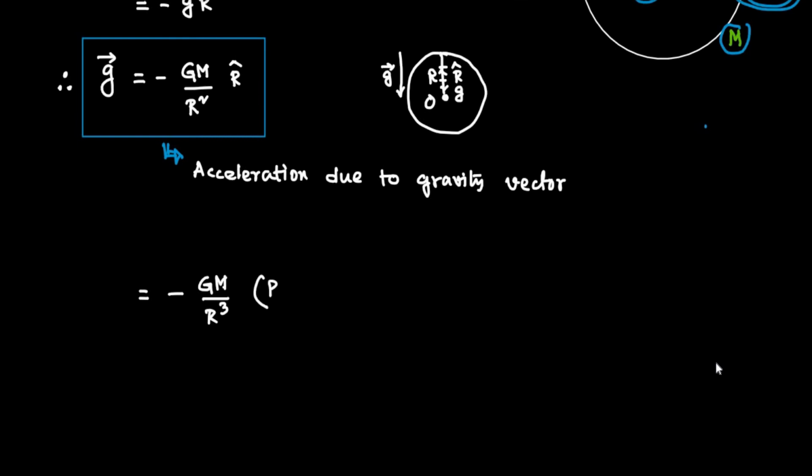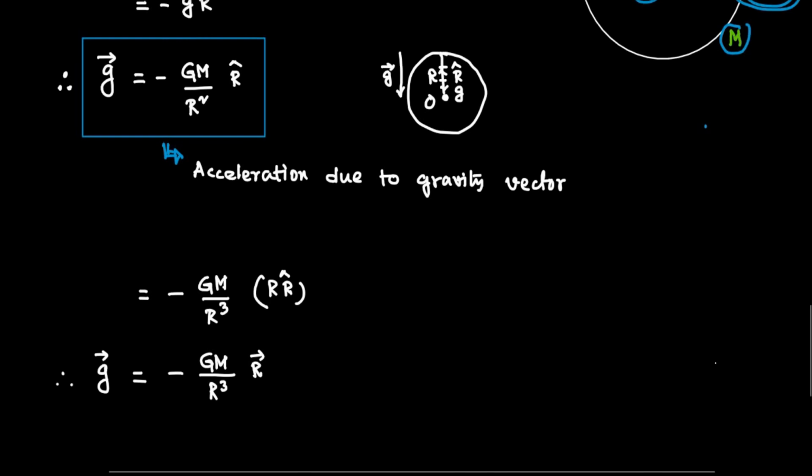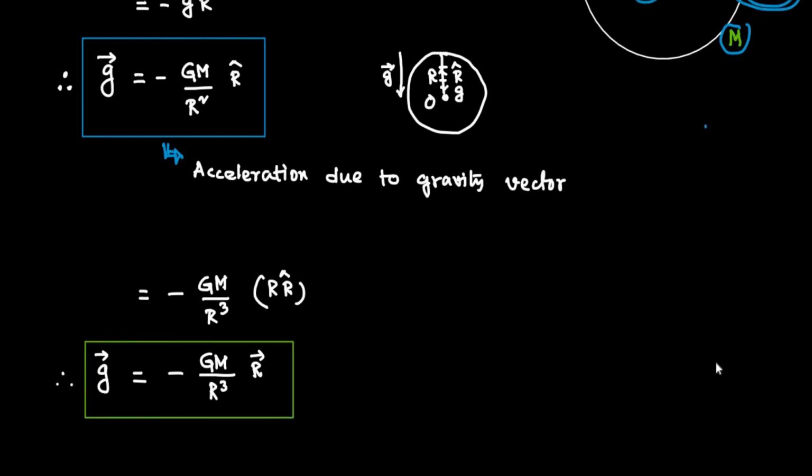And also we can write vector g as equal to minus GM by r cube vector r.